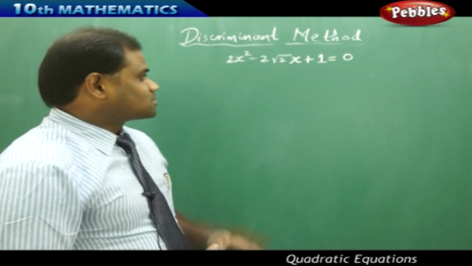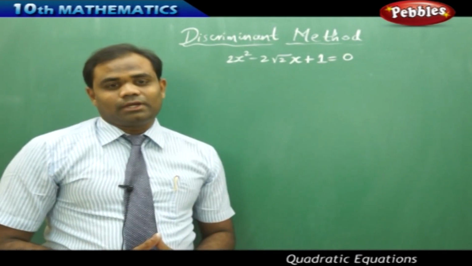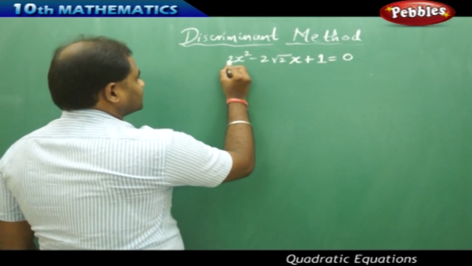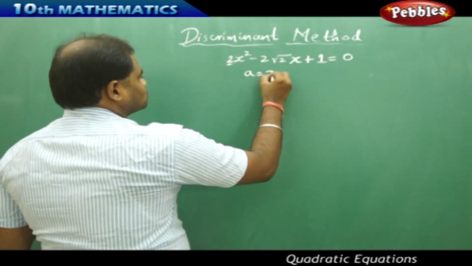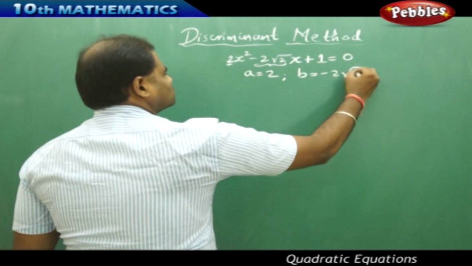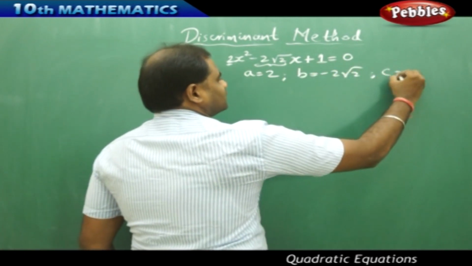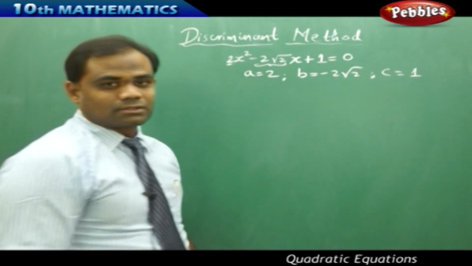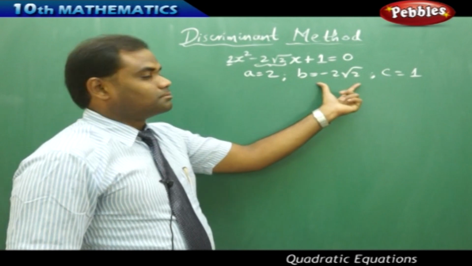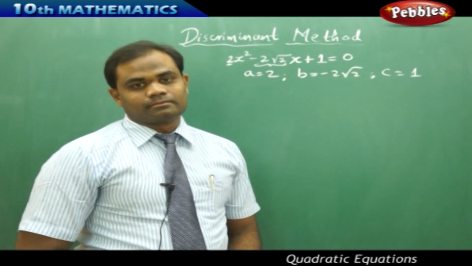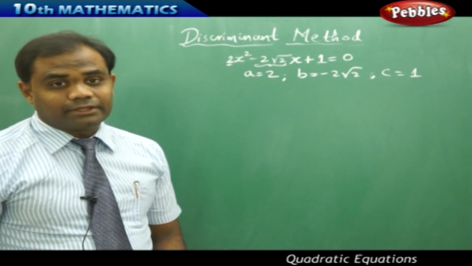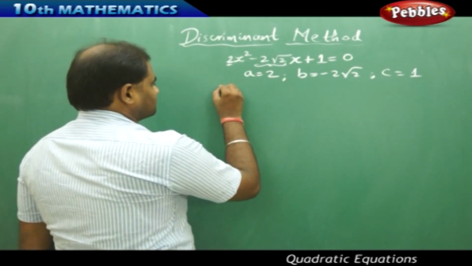Now if I compare this quadratic equation with the general form ax squared plus bx plus c, then I clearly identify that the value of a is 2 and the value of b is minus 2 root 2 and the value of c is 1, because ax squared plus bx plus c, where a is this, b is this, and c is this. Now to find the roots using the discriminant method, initially I need to find the discriminant delta.